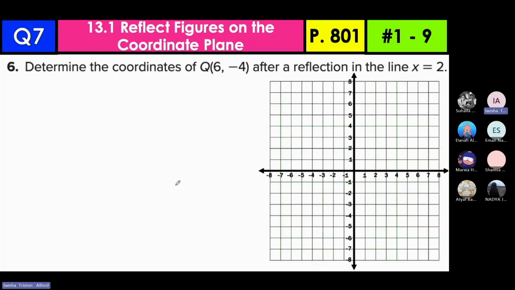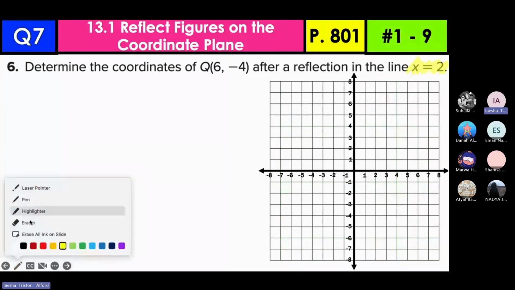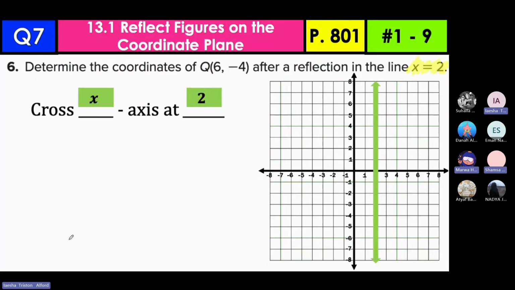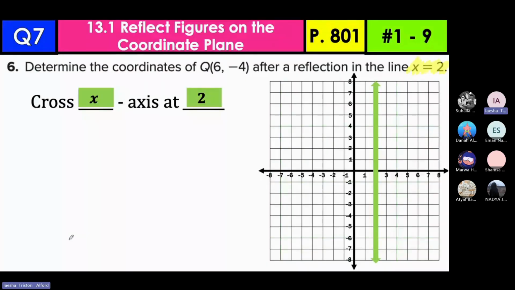So number 6, determine the coordinates of Q after a reflection in the line x equal +2. So we're going to jump over to x equal +2. To find it, we're crossing where? X-axis. At +2. So you're going to go to the x-axis, put the point at +2, make the vertical line.